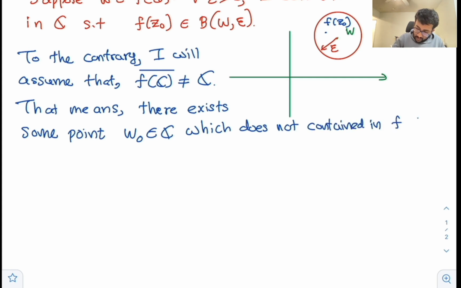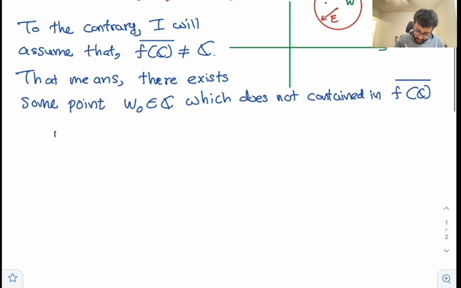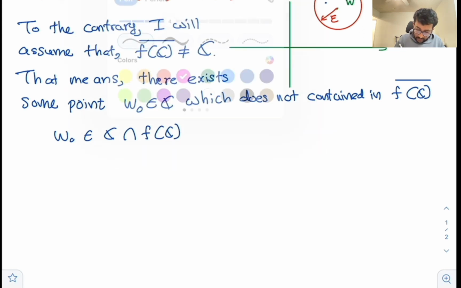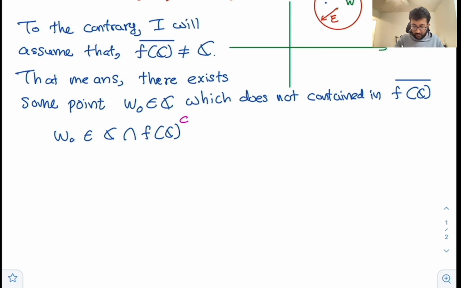In other words, w naught is in C and it belongs to the complement of the closure of f(C). It is in the complex plane, but it does not belong to the closure of the image of function f. That means it is contained in the complement of its image.